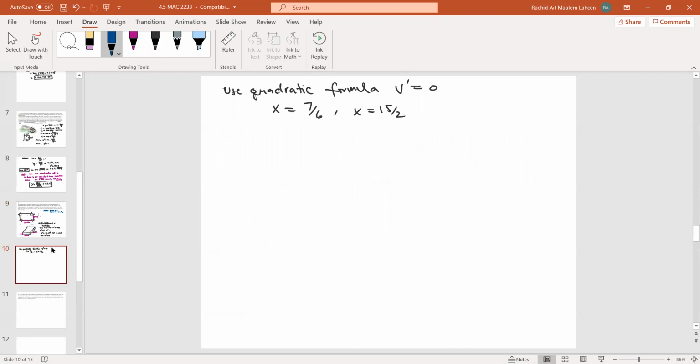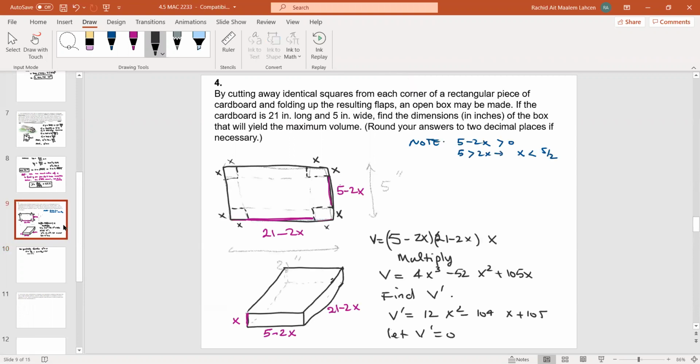And when we look at the other one, 15/2, that's 7.5. And when we look at this one, it's 7/6, which is about 1.17. So here, x is less than 2.5.